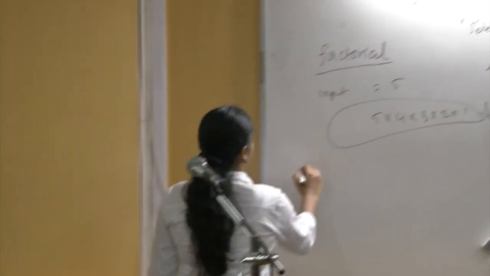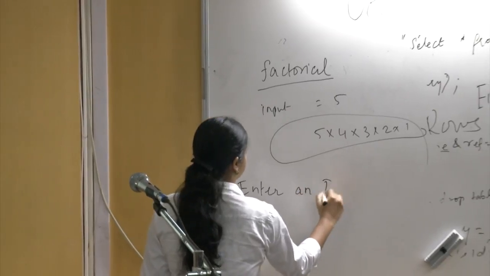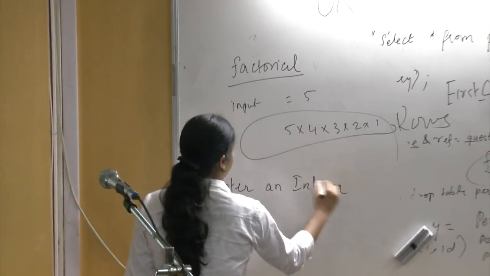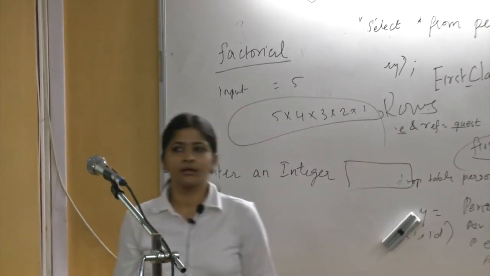So what are the exceptions which can be there? I give an input, enter an integer, in a box. What are the exceptions which can be available here? Can you list out the exceptions, please? Yeah, first one is entering a character.